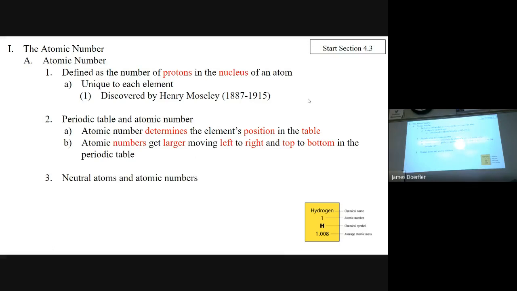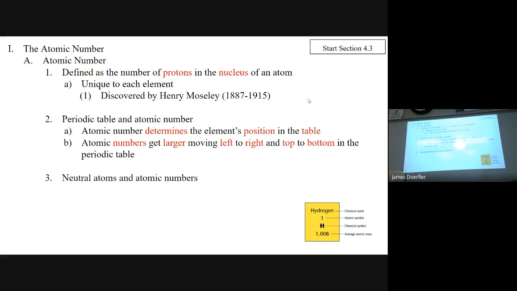Now, on the periodic table itself, we are looking at atoms of elements that are neutral. Now, when we have a neutral atom, we talked about this, I believe, two days ago. What two particles equal each other in a neutral atom? We talked about this on Tuesday.